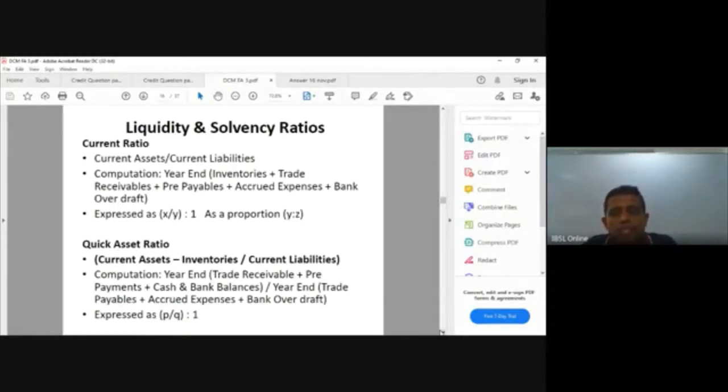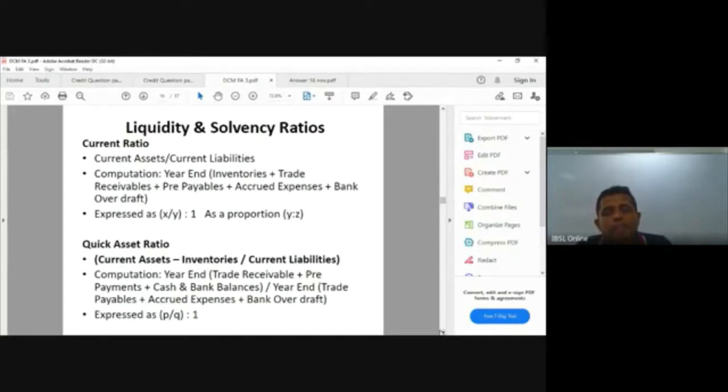We will take a few examples. If you take cash, no time will be taken to convert it into cash because it is cash itself. Therefore, the most liquid asset is cash.